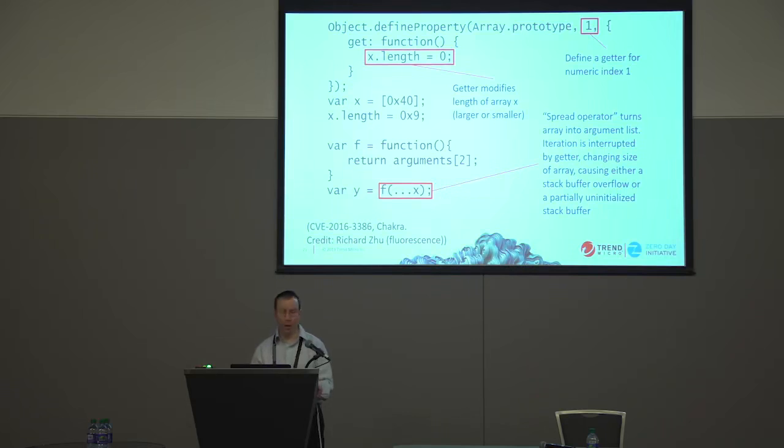By shrinking the array in mid-iteration, part of the stack-based buffer will get left uninitialized, which gives you an information leak. Or by enlarging the array, you can get a buffer overflow. In fact, it can overwrite a local pointer variable on the stack and yield a very nice write-what-where primitive. So with this one bug, you easily compromise the whole process.